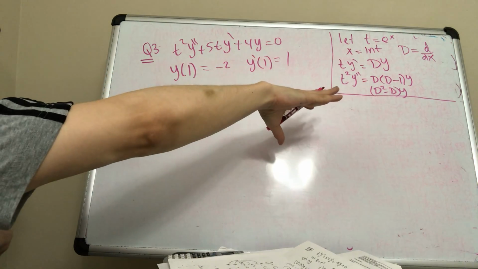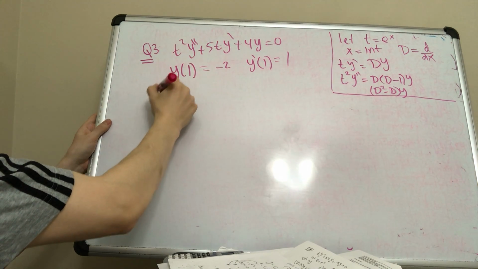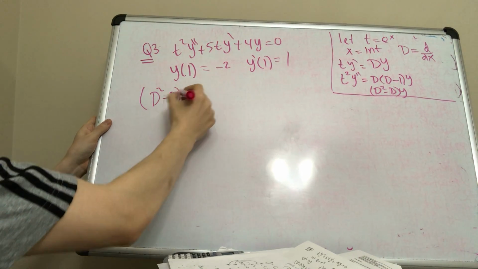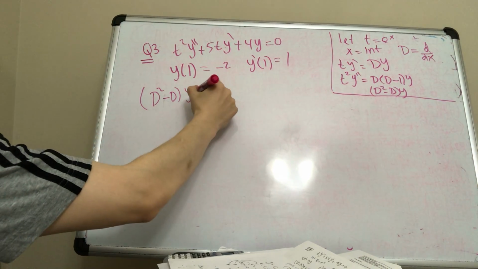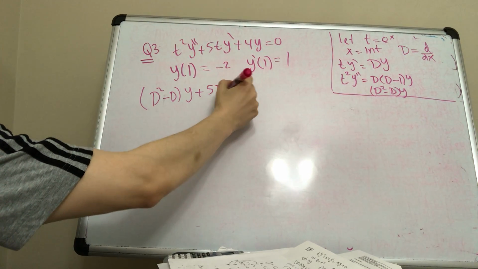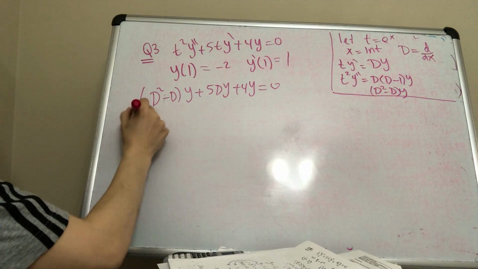So, you write this down first. Instead of t squared y double prime, you go d squared minus dy. Instead of 5ty prime would be 5dy, plus 4y equals 0. Take y as a common factor.